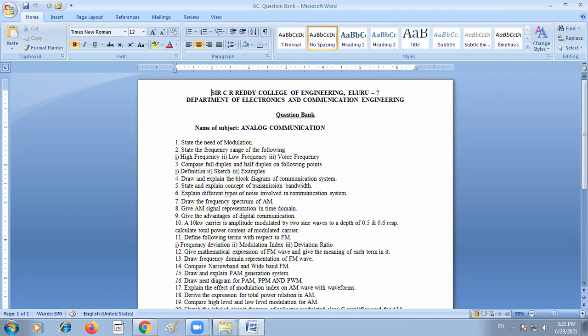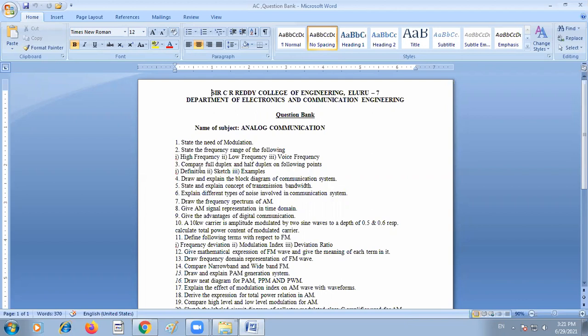What is the source? Source is the signal or the message going to be sent, and the encoder gives the digitized version of the message signal. After the encoder, the modulation process is applied.